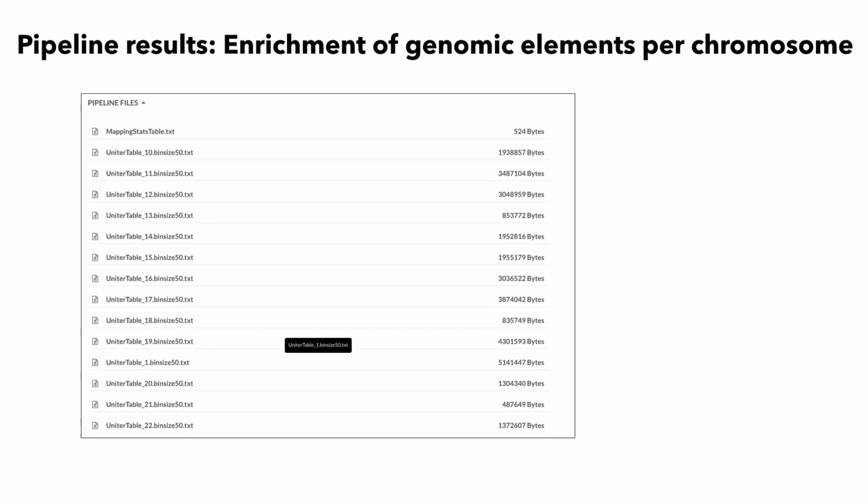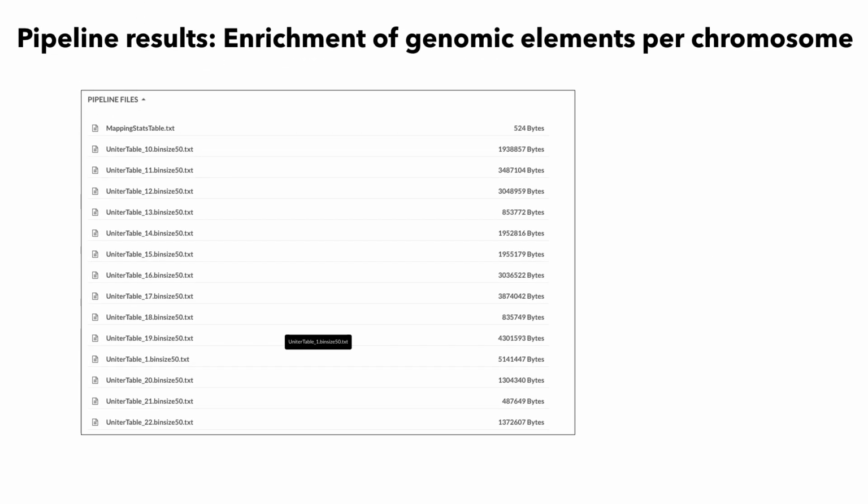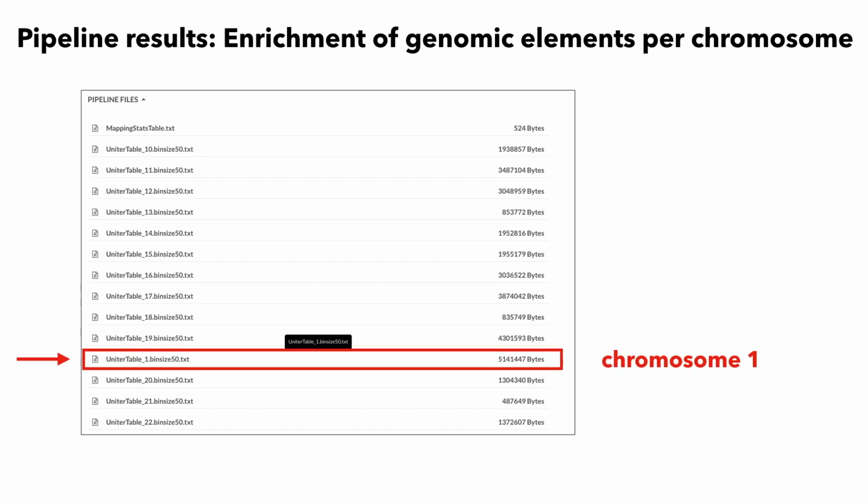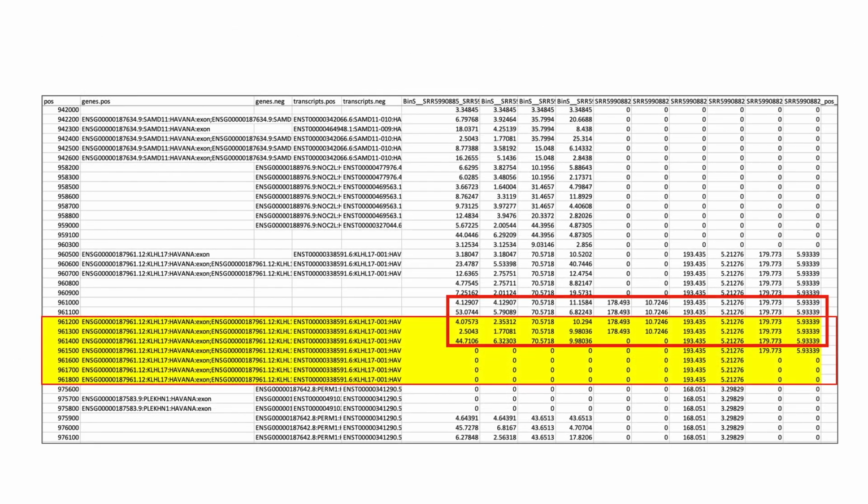As a result of the second pipeline, we can use mapping statistics as well as a table for each chromosome. Let's select chromosome 1 to see what the output looks like. In the output table, you will see a number of columns corresponding to outputs by each method: BIN-S, iSeq, and MACS2. The most reliable results will be when each method gives an enrichment score significantly greater than 0.